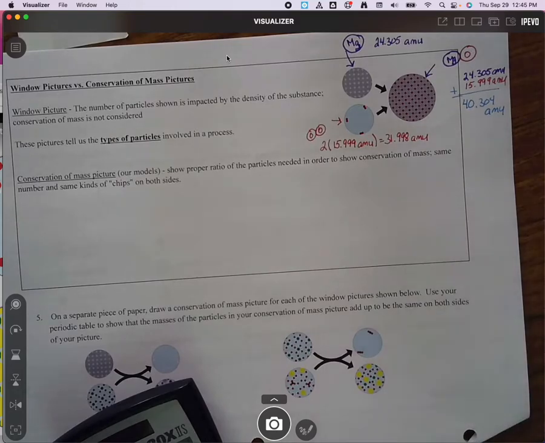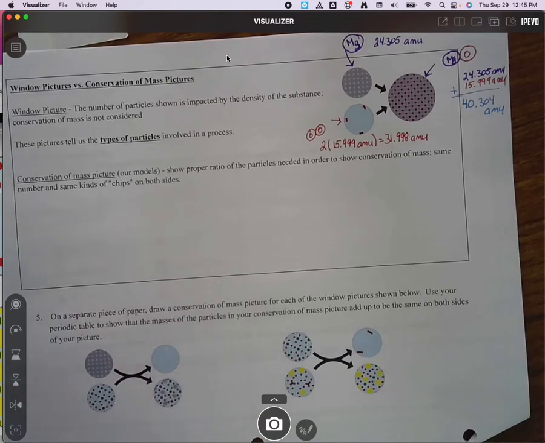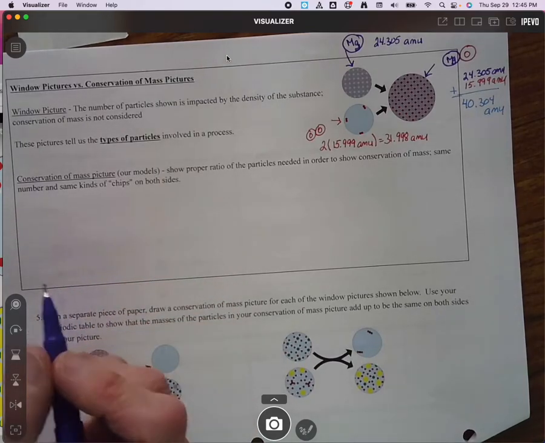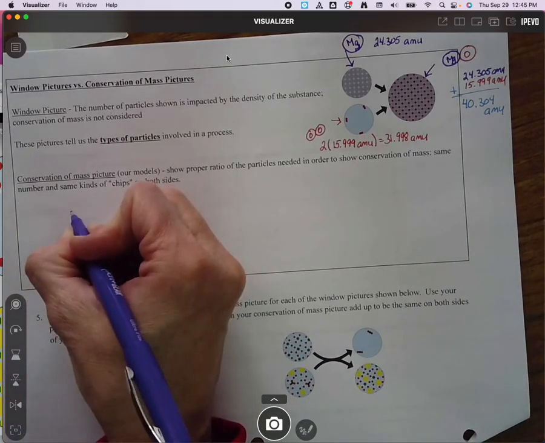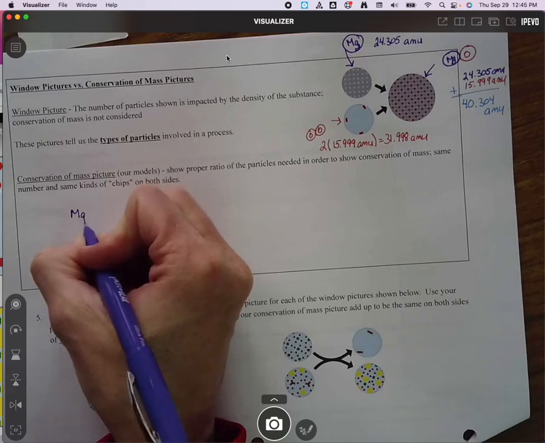So the window picture helps us identify who are the key characters in the story. Once we know who the characters are, we can draw a conservation of mass picture. So this was the one where you burned the magnesium strip. So I'm going to draw a smallish magnesium strip.